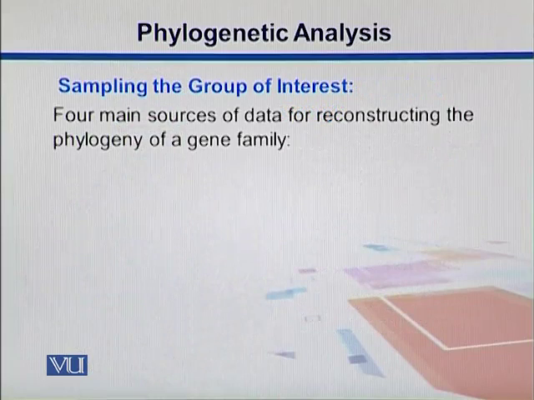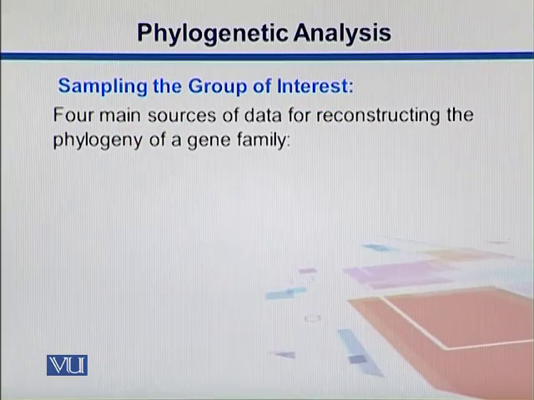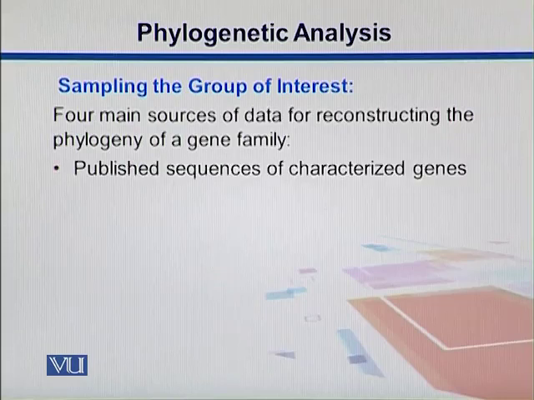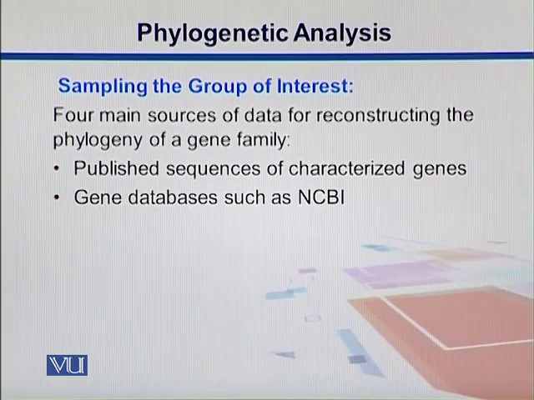So for sampling the group of interest, there are four main sources of data for reconstructing the phylogeny of a gene family. We can use published sequences of characterized genes. Remember, those are genes which have already been characterized, whose sequences are published and submitted into the sequence databases.